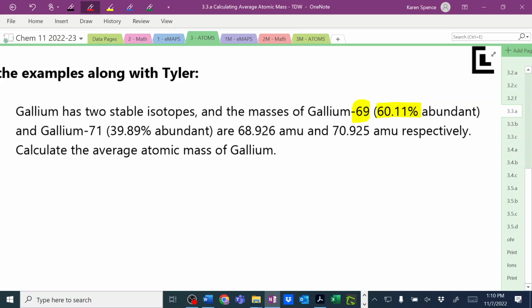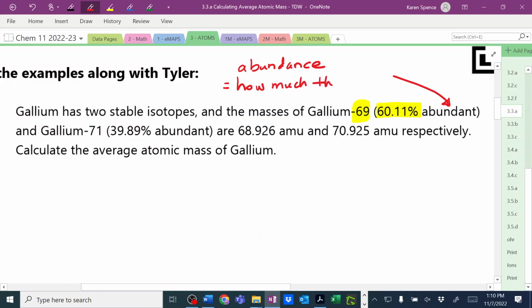So abundance means how much there is. We also have gallium-71, which is 39.89% abundant.